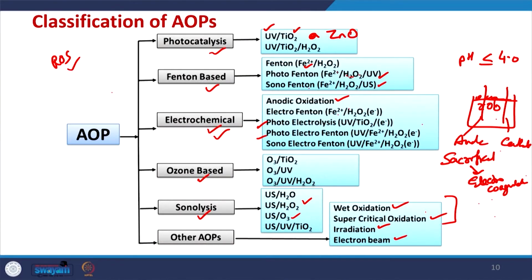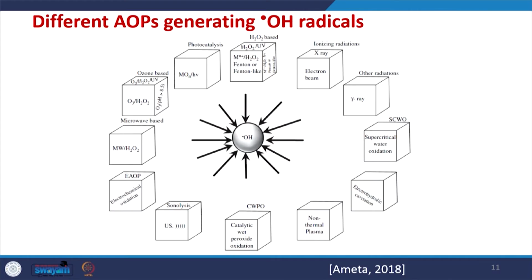Similarly, wet oxidation and supercritical oxidation use high pressure and temperature conditions, many times with catalyst, without catalyst, etc., for treatment of water. We will study them later on. Now, these are different AOPs which generate OH radicals or any other reactive oxygen species by different means.